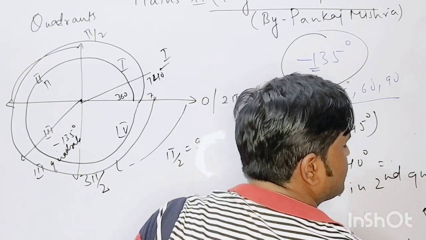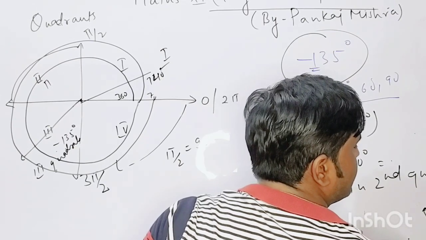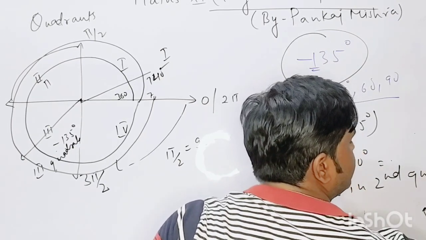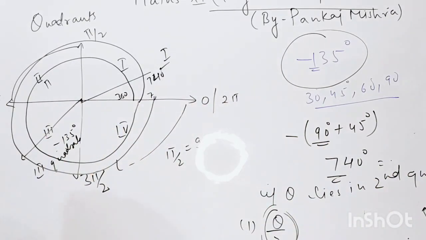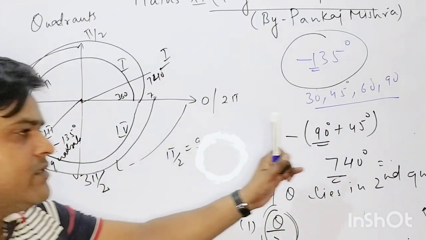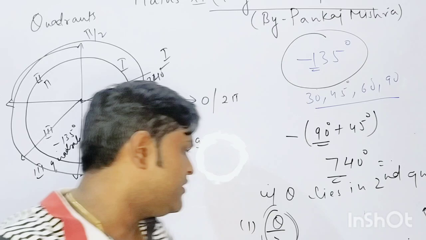So this becomes 45, then theta by 2, and then 90. This is how we are going to solve this part.